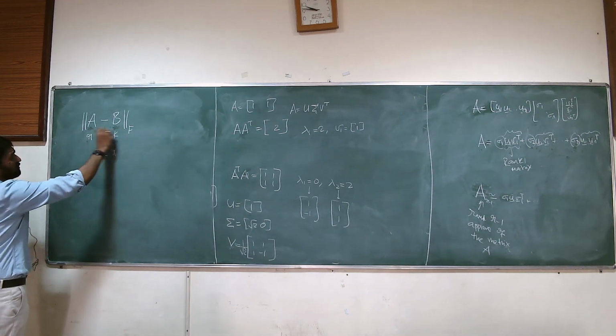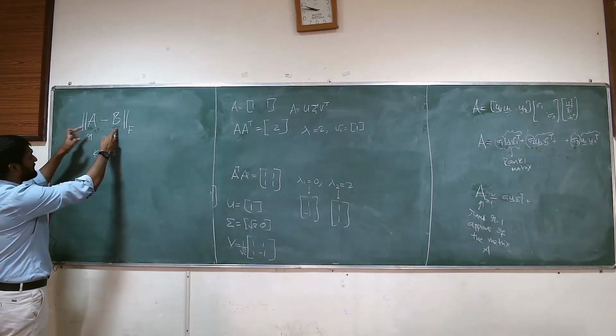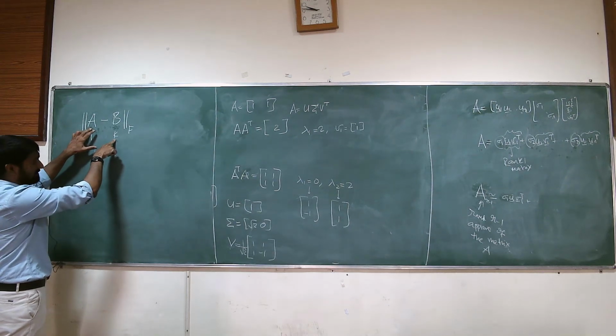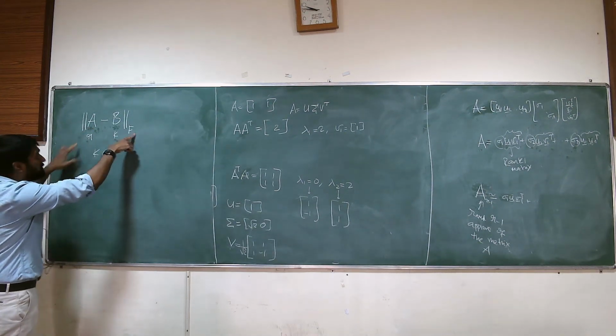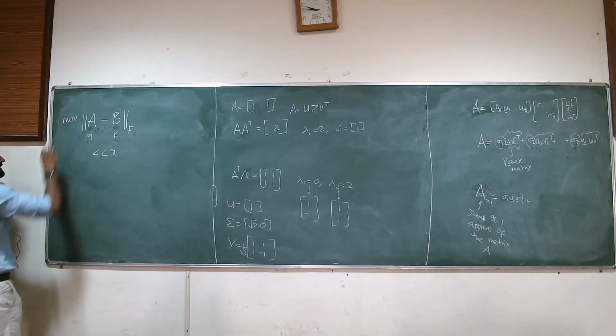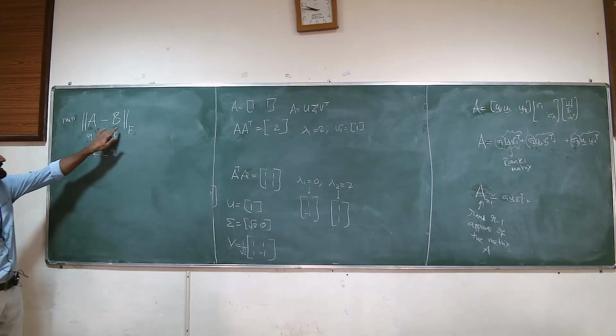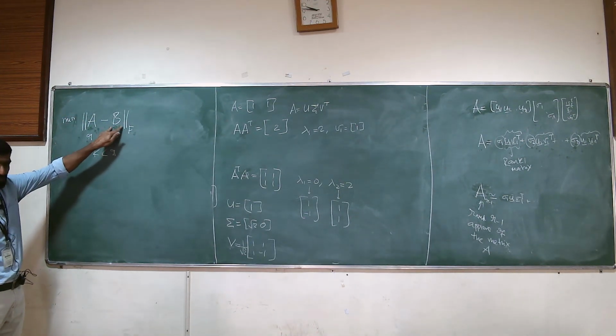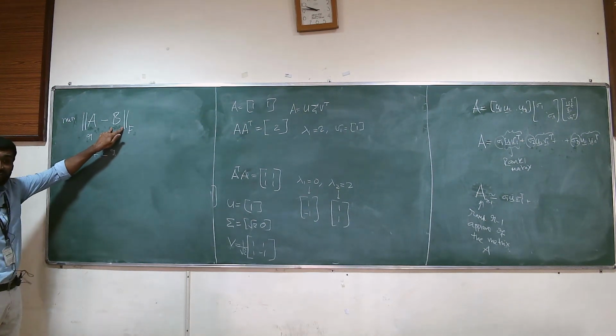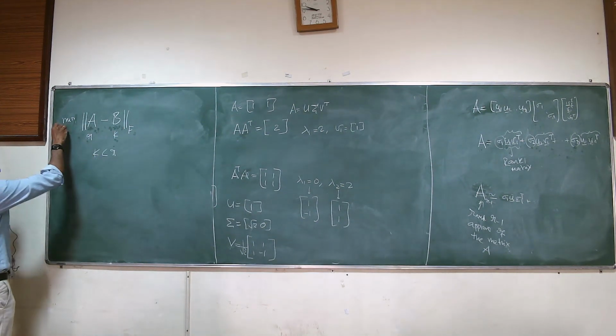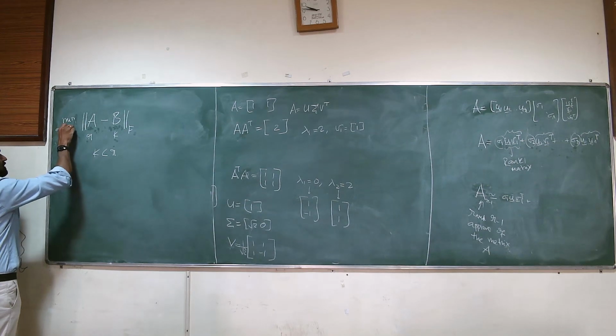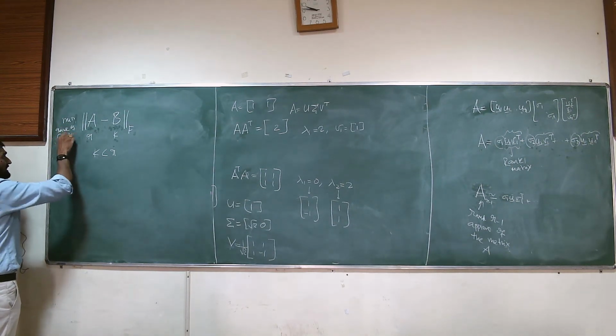And the problem here is, we want to keep the difference between A and the low rank approximation as small as possible, so we want to minimize this. But the constraint is that all possible B's that you choose should have rank k. So rank of B equals k.